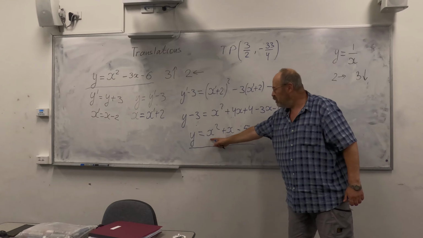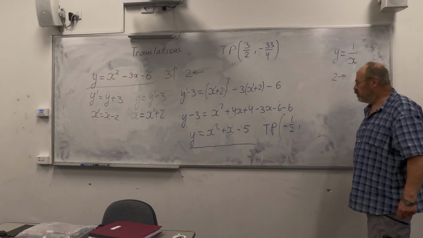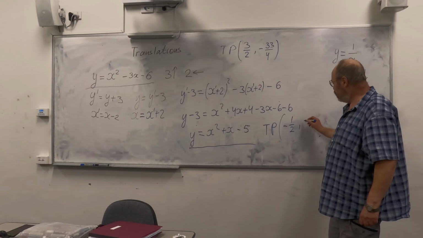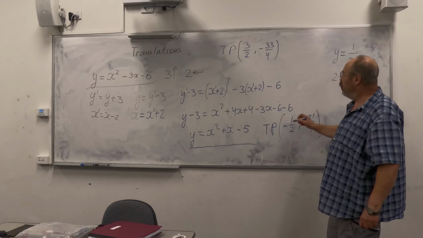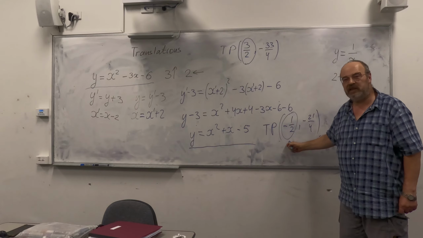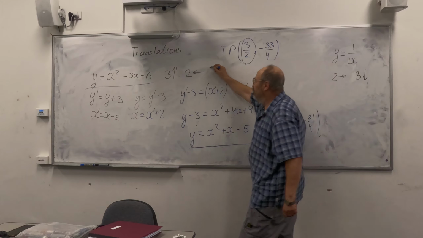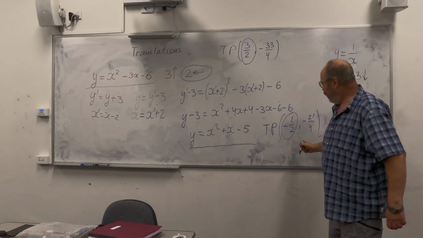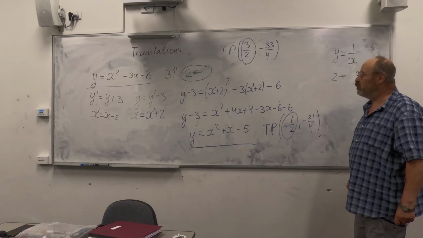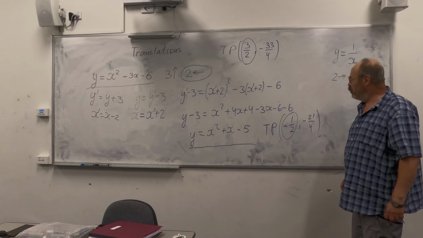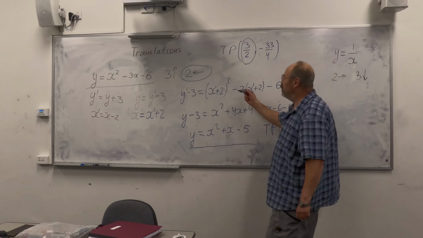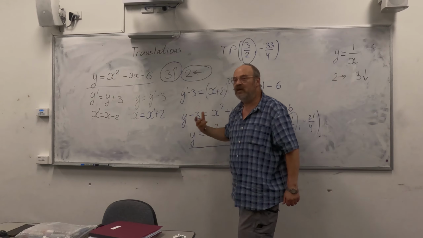We substitute negative 1 over 2, and we get 1/4 minus 1/2, negative 1/4, minus 5, negative 21 over 4. Now let's see, we were at 3 over 2, now we're at negative 1 over 2. What happens? 2 to the left. Yes, we were correct. And why? We were at negative 33 over 4, now we're at negative 21 over 4, because negative 12 over 4. We moved up by 12 over 4, which is 3. Yes, so this is the method.